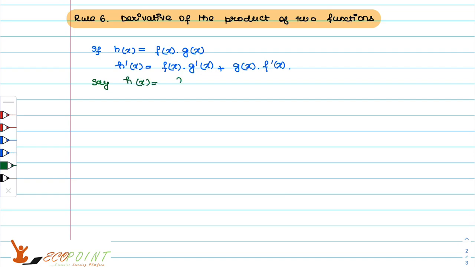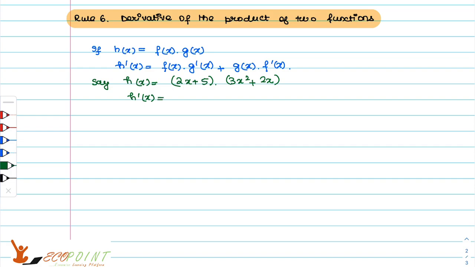So say h(x) is equal to (2x plus 5)(3x squared plus 2x). So these are the two functions, and h(x) is the product of these two functions.